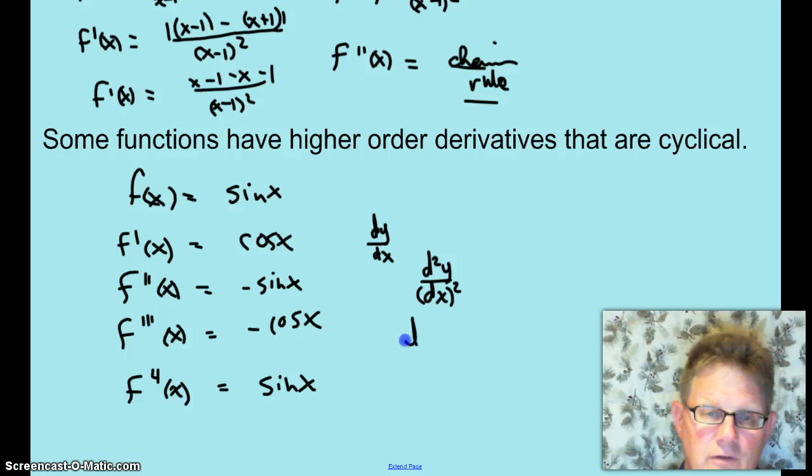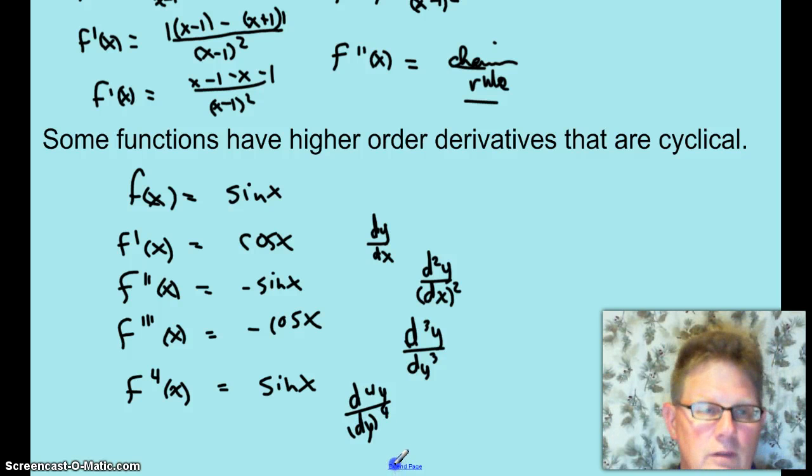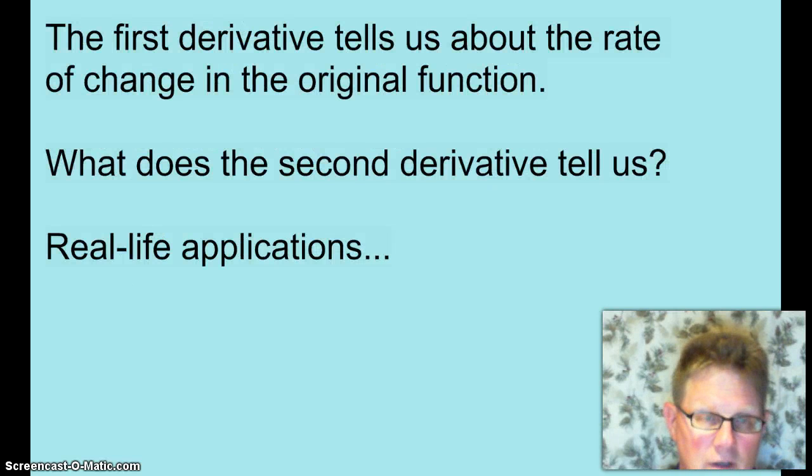The third derivative would be d cubed y over dx, whole thing cubed. Okay, and then the fourth derivative, d to the fourth y over dx all to the fourth power. Just the way of showing it with Leibniz notation. Boy, I tell you what, Newton was a whole lot cleaner for the most part, although I like Leibniz at times. Let's move on before I talk anymore.